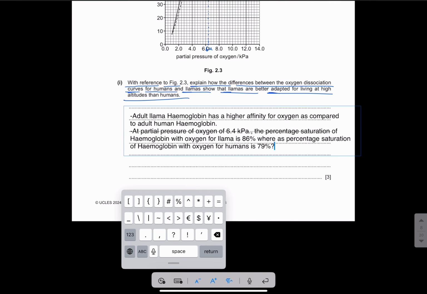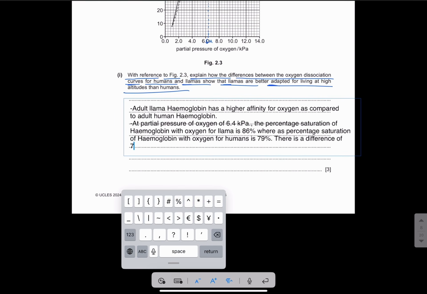So guys, there's a difference of 7% saturation.